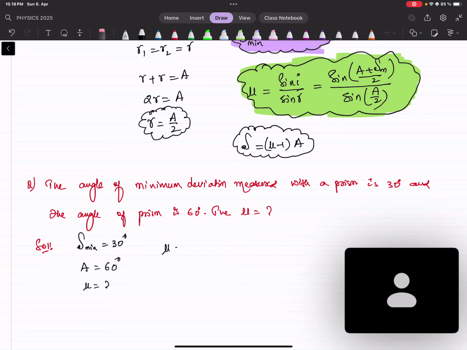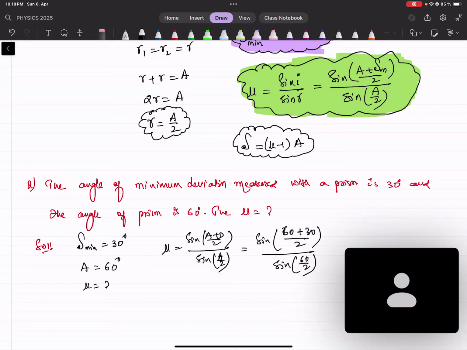Direct formula: mu is equal to sine of (A plus D) divided by 2, divided by sine of A by 2. So that is equal to sine of (60 plus 30) divided by 2, divided by sine of 60 divided by 2.